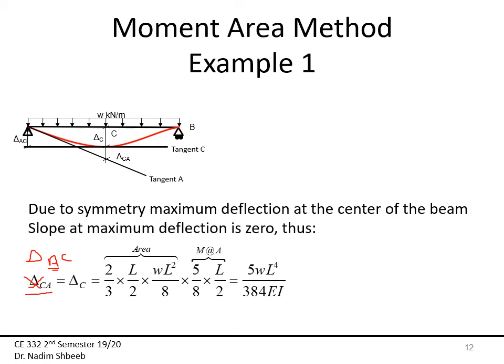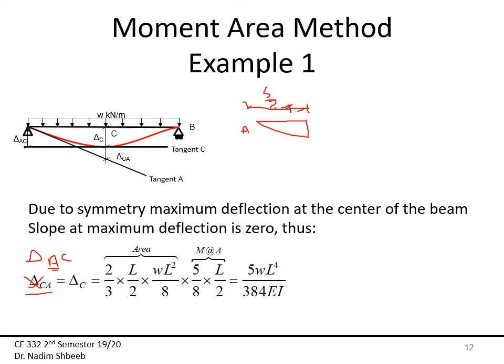So now the area again is 2/3 times L over 2 times WL squared over 8 times 5/8 times L over 2. Remember when we had that parabola like this, then my 3/8 was from here, but since I'm taking the moment about this point A, then this is going to be my 5/8.